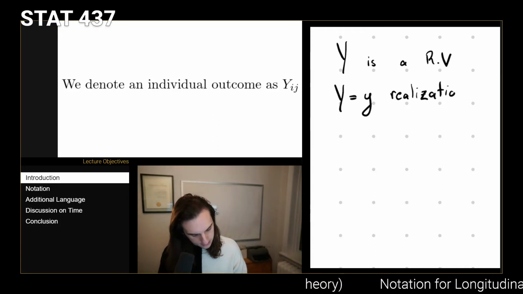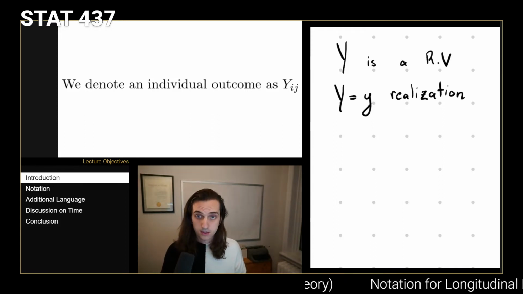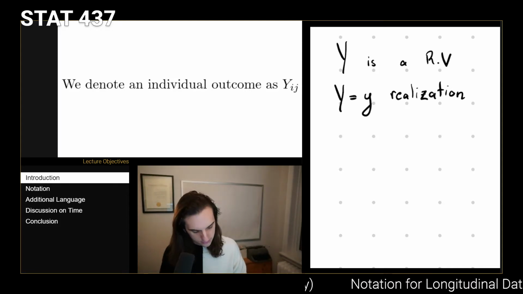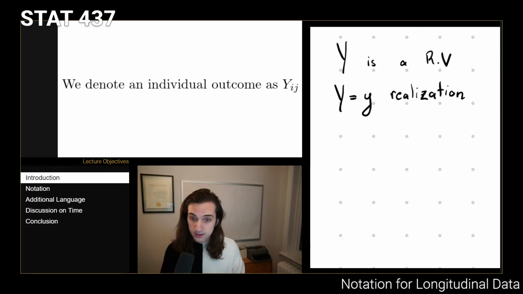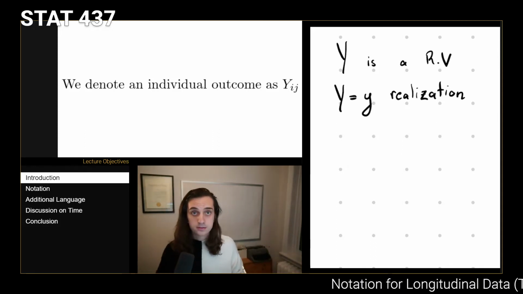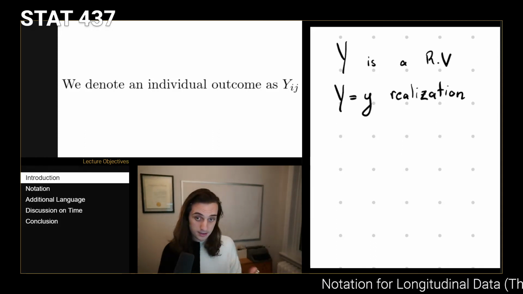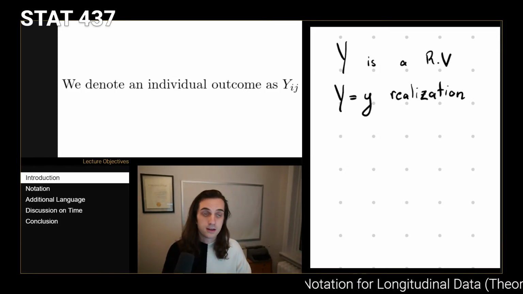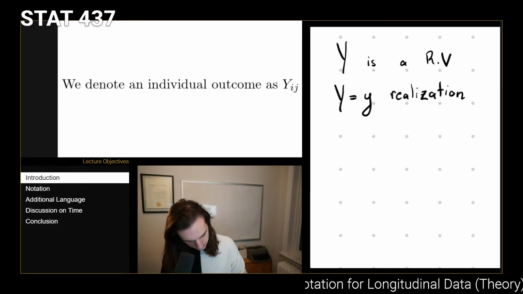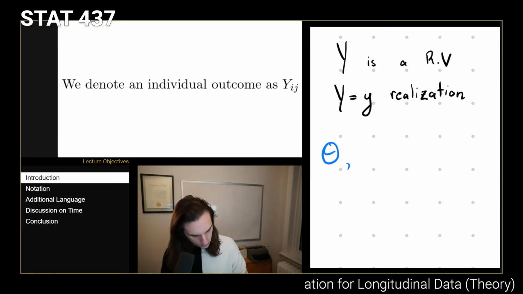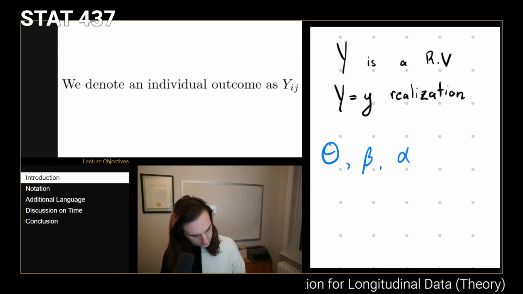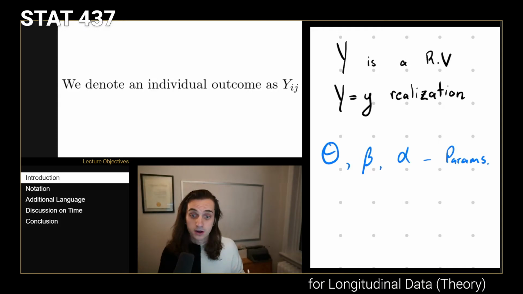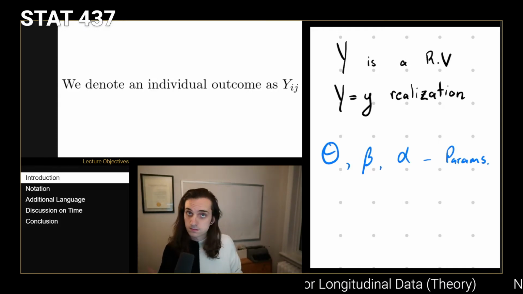This should be standard notation that you see throughout all of your stats courses, and that's quite familiar to you. And we'll continue with that here. As another point of information, we'll typically use Greek letters to denote parameters of a model. So we'll use something like theta or beta or alpha, and these will typically be parameters. That should be obvious from the context that we're working in.